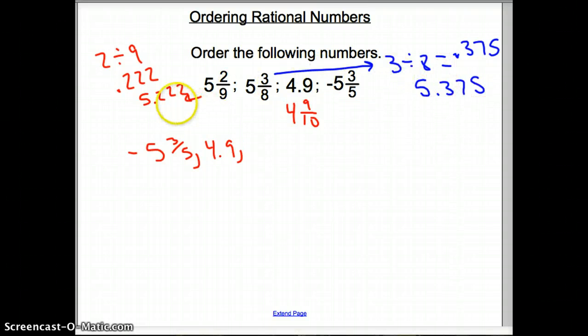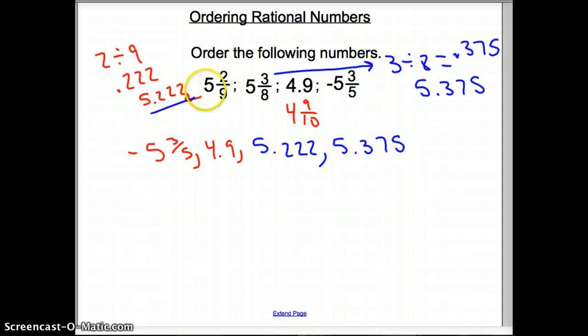So I look at it, which one's greater, 5.222 or 5.375, and I realize that it's that one. So it's 5.222, and then finally 5.375. Now, if you wanted to change them to decimals immediately, feel free. It might have been easier to change them to decimals, or you might have liked changing the 1 decimal to a fraction and see where that gave you.